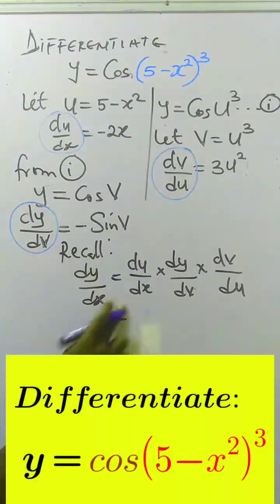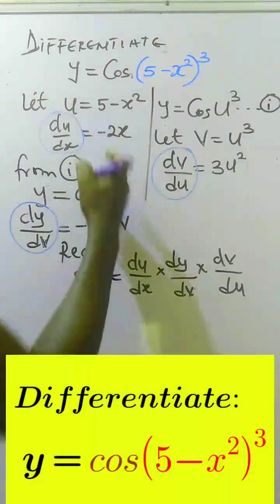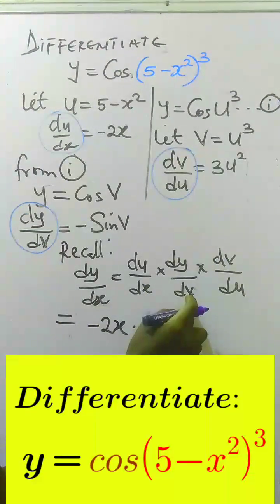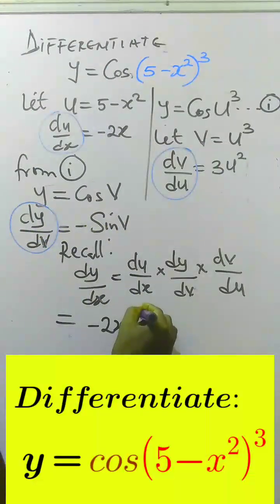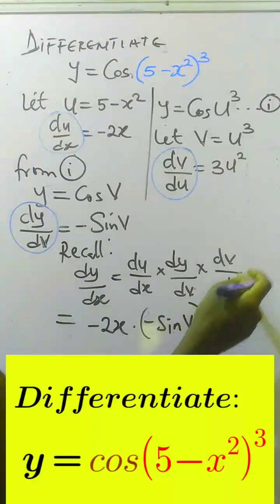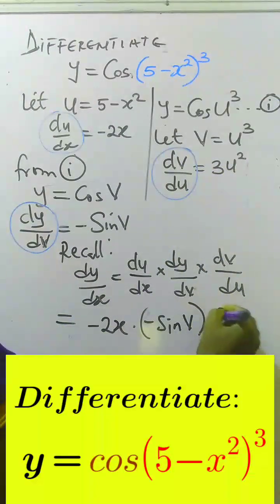So our du/dx is minus 2x, times dy/dv, which is minus sine v, and then our dv/du, which is 3u squared.